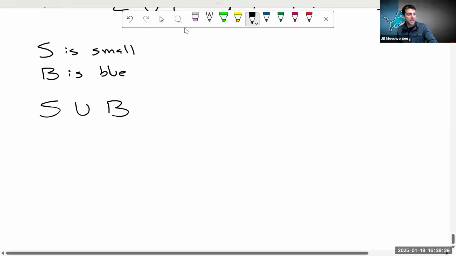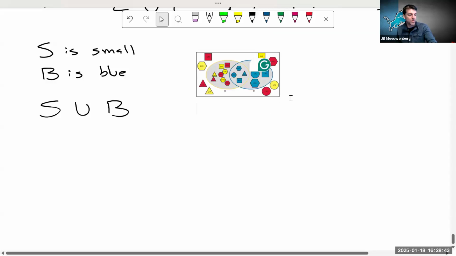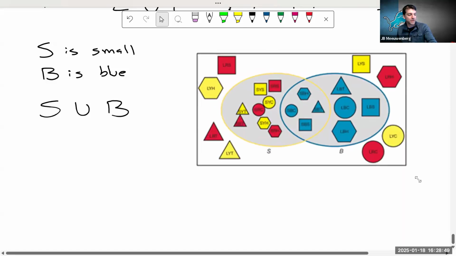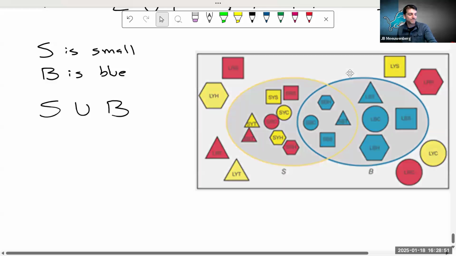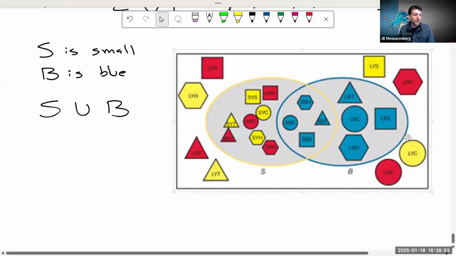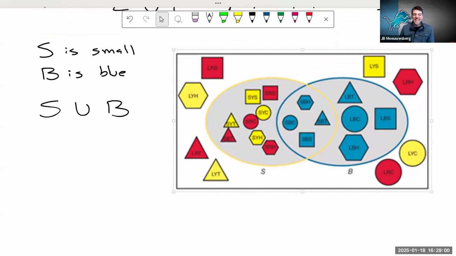Okay. If you did that, hopefully what you came up with was a drawing or an arrangement that looked like this. And what you'll notice here, again, notice how it's shaded. Notice how all of these pieces are shaded. This is a much larger set.